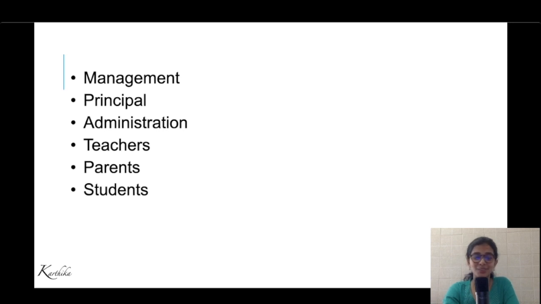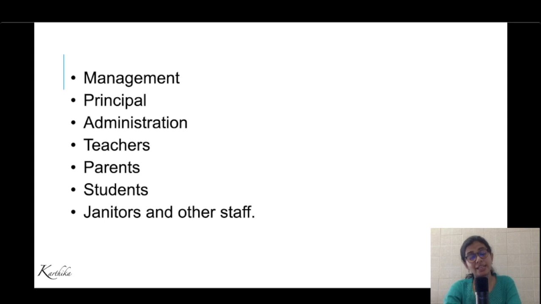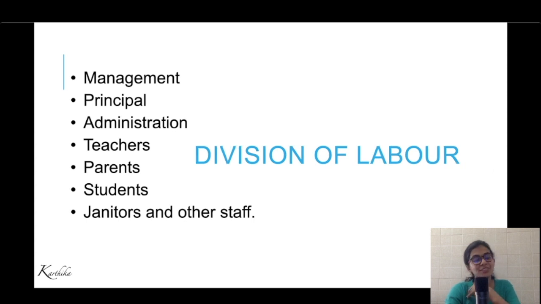Okay, no students, no school. Then there are the janitors and other staff, who help to keep your school clean and the gardens watered. So what is happening here? The huge variety of functions of the school is being divided between all these experts. This whole process is called division of labor.